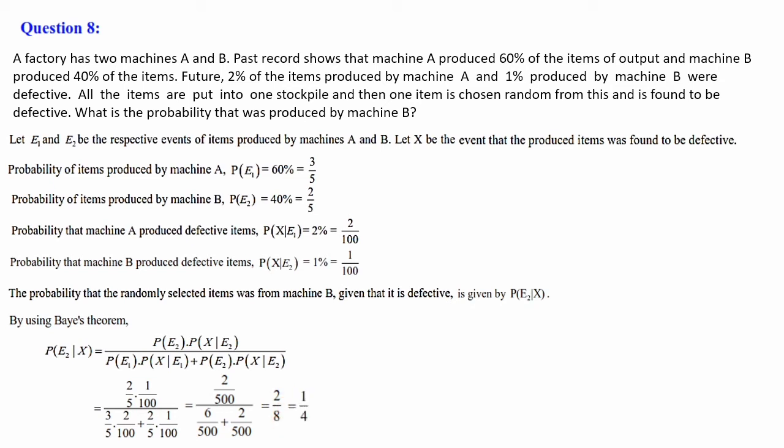So 2 by 8 again we can cancel, that is 1 by 4. Since this is a simple calculation, its step is not included. If you feel difficulty, you can just do it on the right side of your answer booklet. So 2 by 8 we have cancelled, and finally we have got 1 by 4. So the required probability is 1 divided by 4.